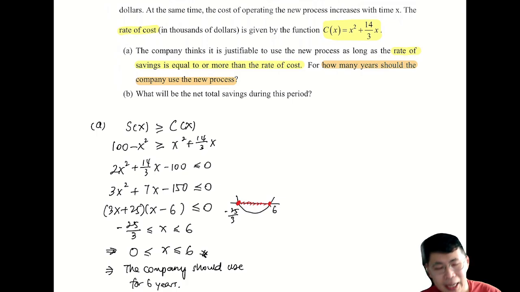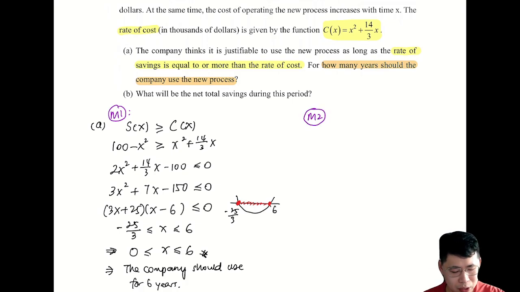Now there is another interpretation over here. This over here is method 1 using the algebra. The second way of doing this, because we are looking at an inequality, is by looking at the graph of the function. If you were to use your GC, you will get this graph over here.